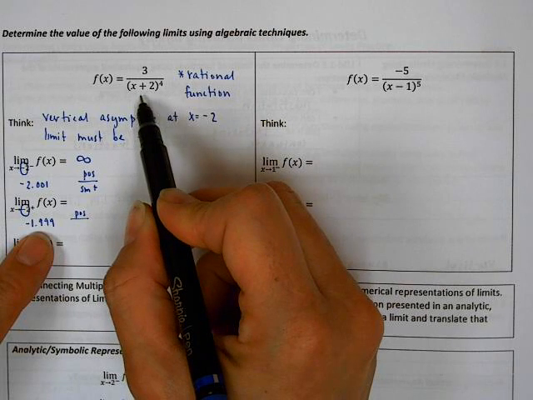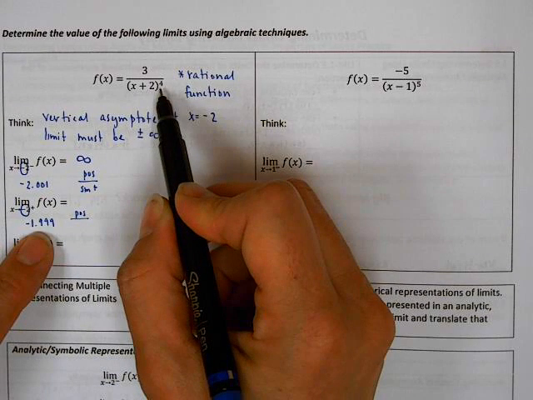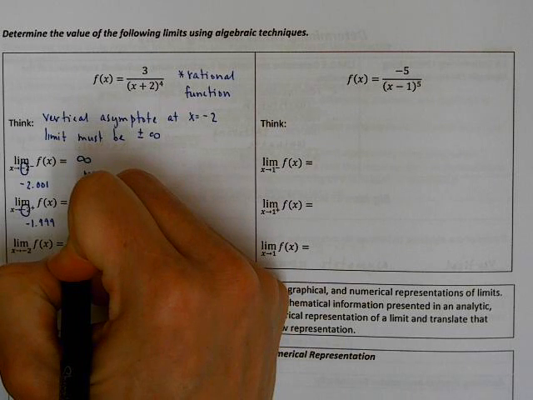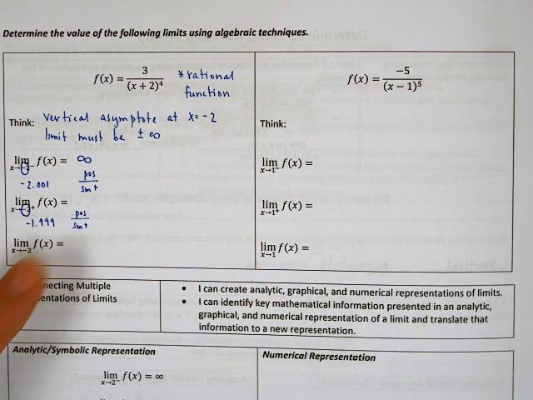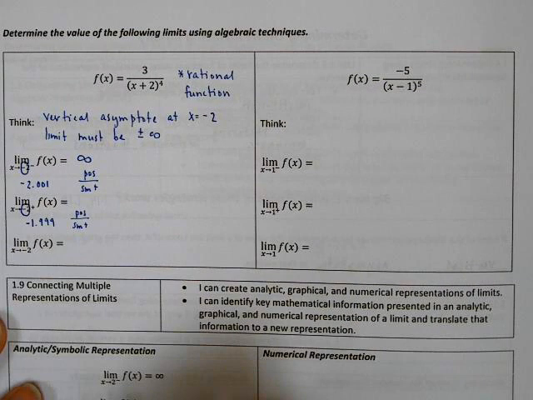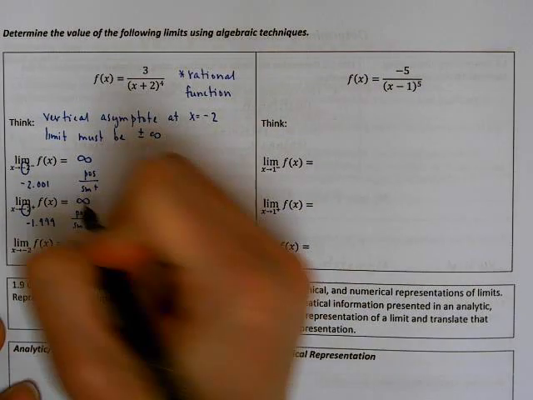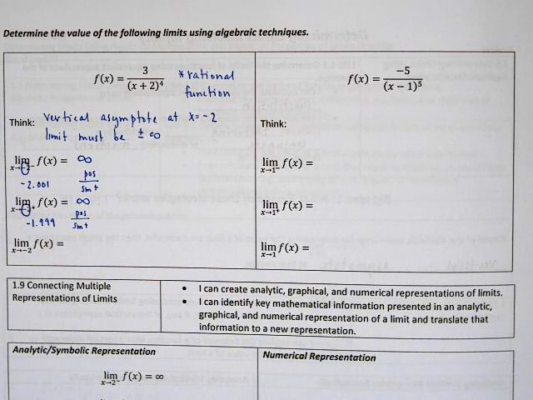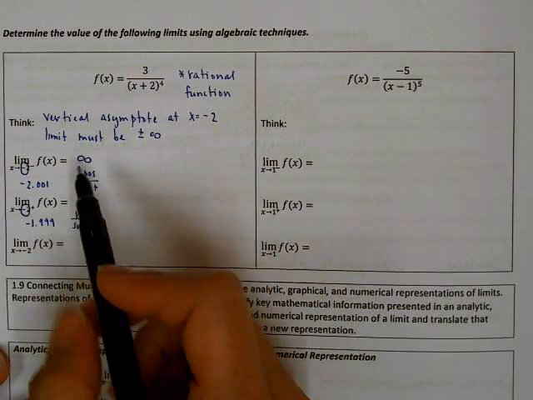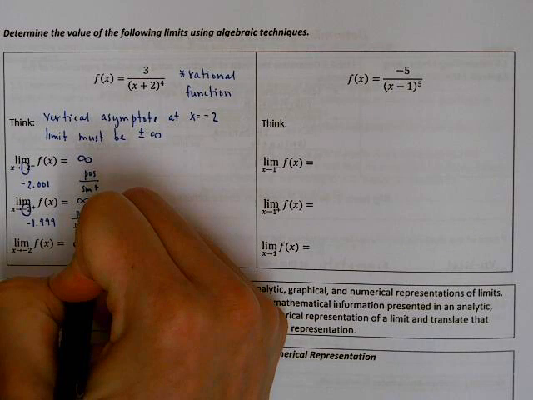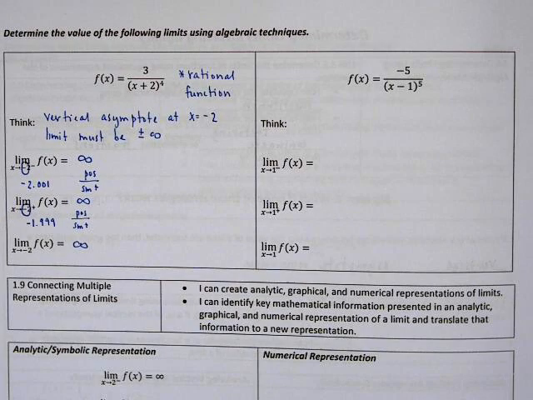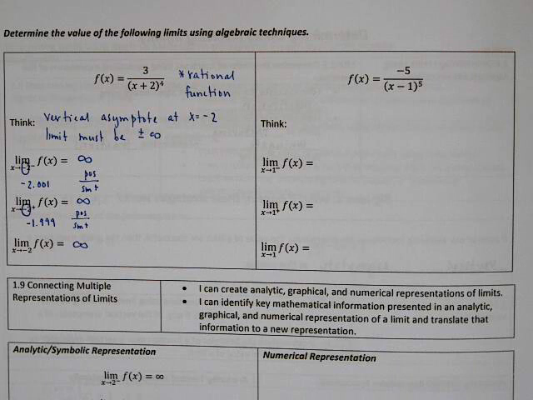Well, that's going to give me a positive number, and when I raise it to the 4th, it's going to stay positive. It's going to be really small, but it's going to be positive. So now I have a positive over a positive, which is going to give me positive infinity. So now, since my left and right side limits are both positive infinity, I know that two-sided limit is also positive infinity.